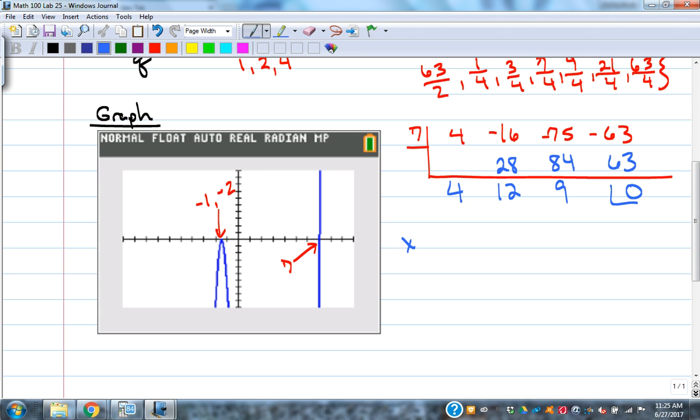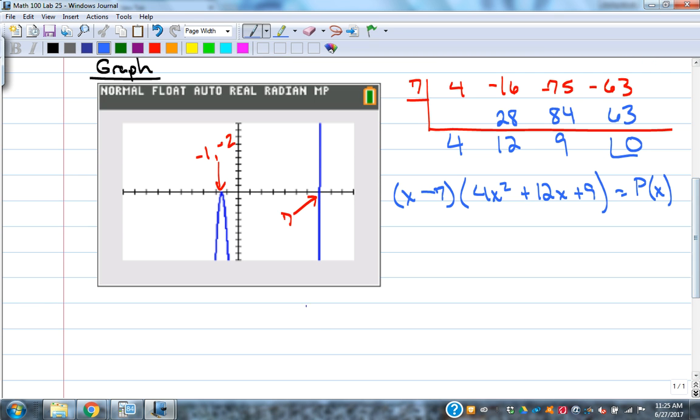So that gives me the factored form x minus 7, and then 4x squared plus 12x plus 9, as the polynomial in factored form. And that would allow me to try the x method for factoring the quadratic here. 4 times 9 is 36.